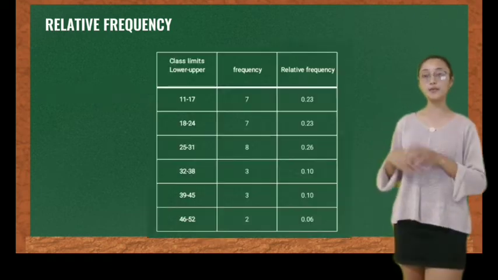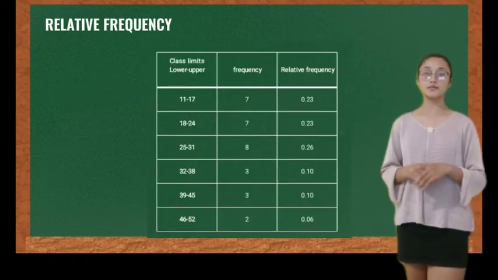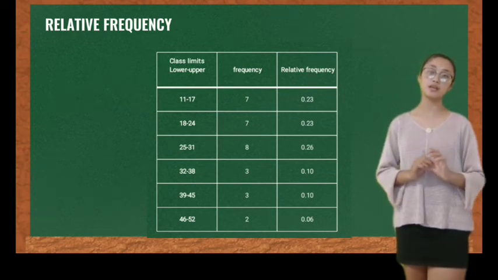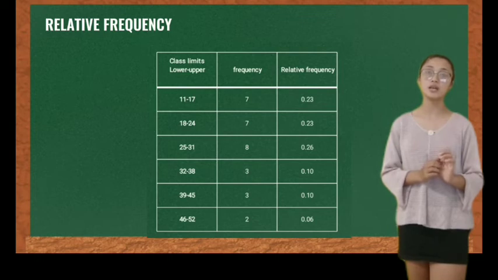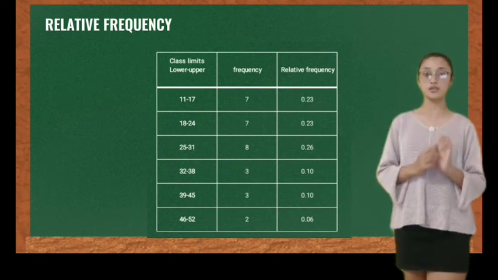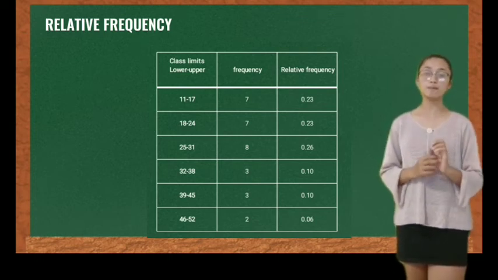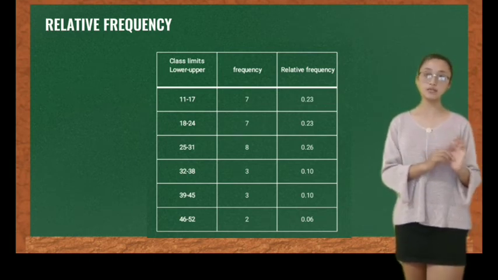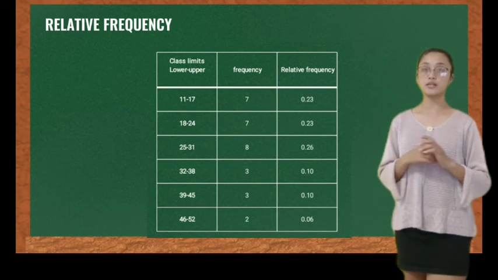So in our first class, we have a frequency of 7. Divided by 30, that makes the relative frequency 0.23. That means 23% of students got a score in the range of 11 to 17.